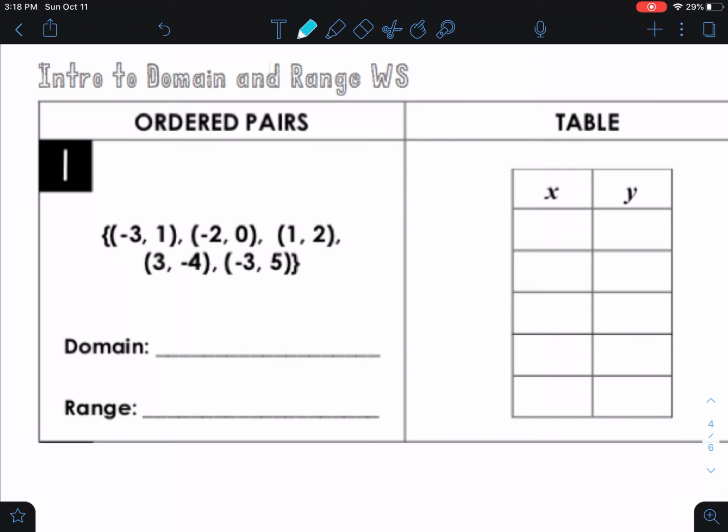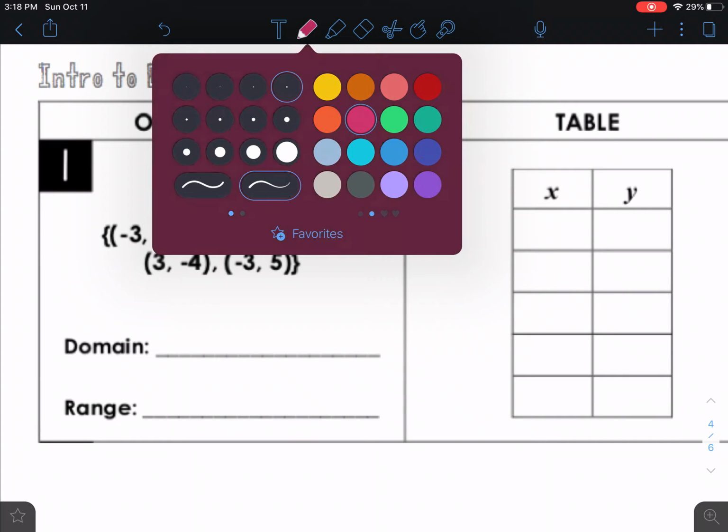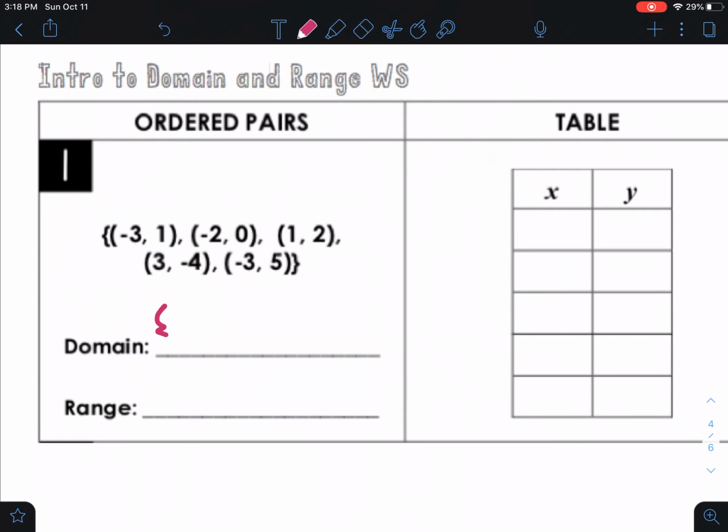So once again, I'm going to use domain, make my set bracket. All right, my domain is my x's, so it looks like I have -3, -2, 1, 3. Now 3 and -3 are not the same number, so they didn't repeat.